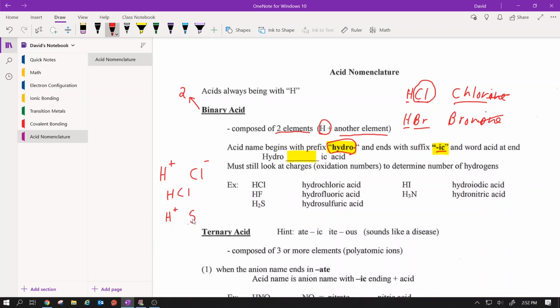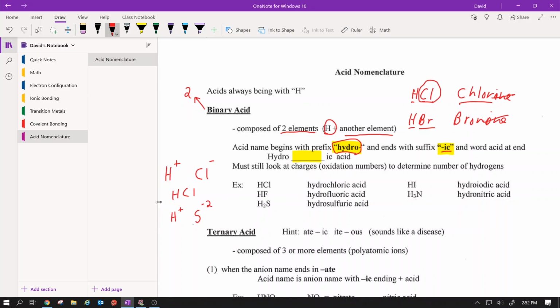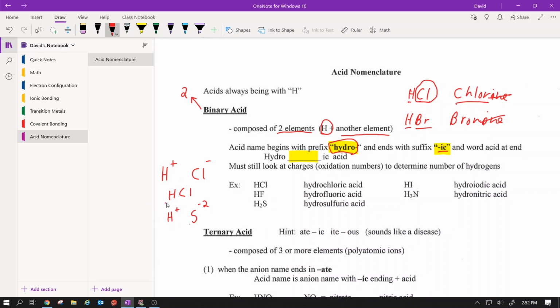Sulfur is in the group 6A, and so when it ionizes, it will ionize to have a -2 charge. And then that negative 2 will come down here. That +1 will zip across there, and we'll end up with H2S, hydrosulfuric acid. All right. Questions about how we name a binary acid?